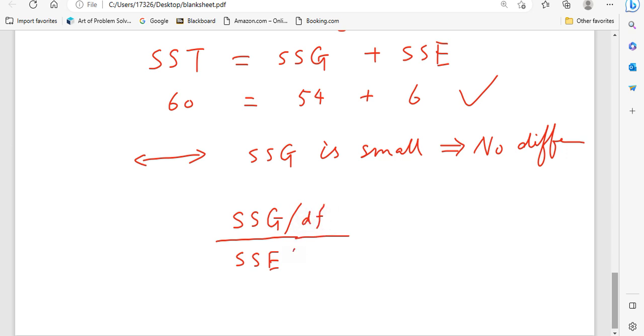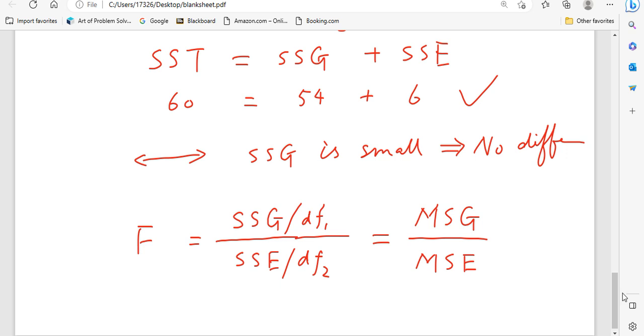Dividing by the degree of freedom is just the average. And we denote this divided by degree of freedom as MS. M means mean, right? So we call this MSG, and this is MSE. Okay, and we denote this value as the F value.